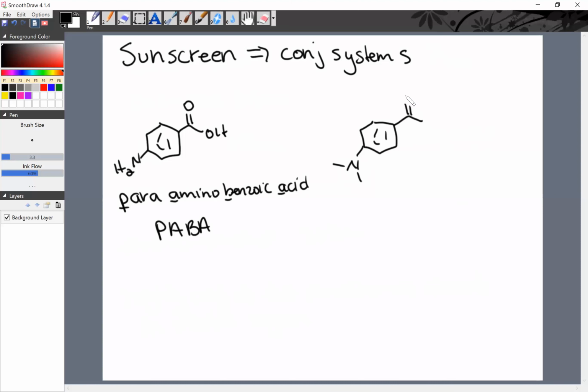And now I have an ester group. And 1, 2, 3, 4, 5, 6. This one is called... So both of those work in a sunscreen system, and you are absorbing with these conjugated areas.